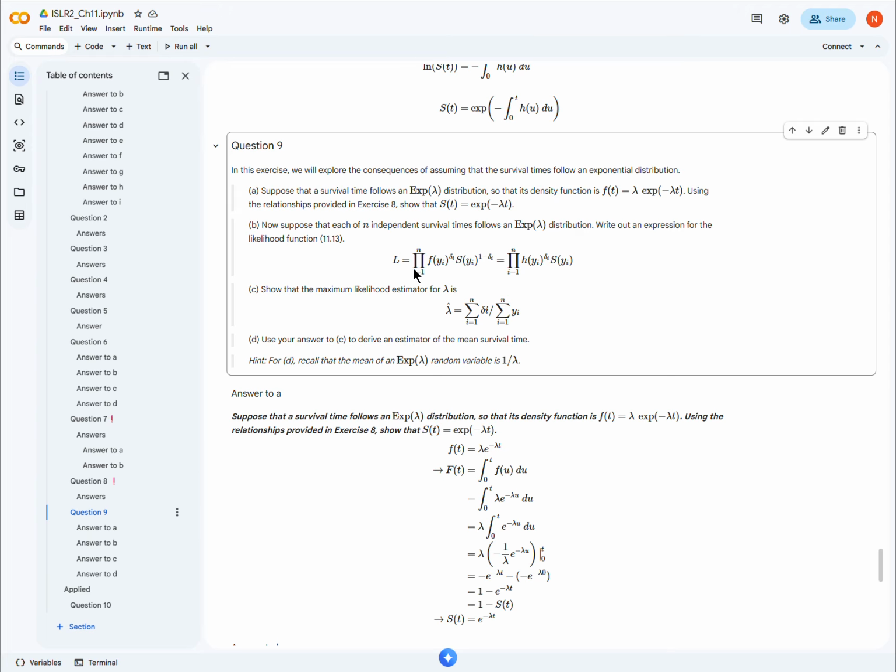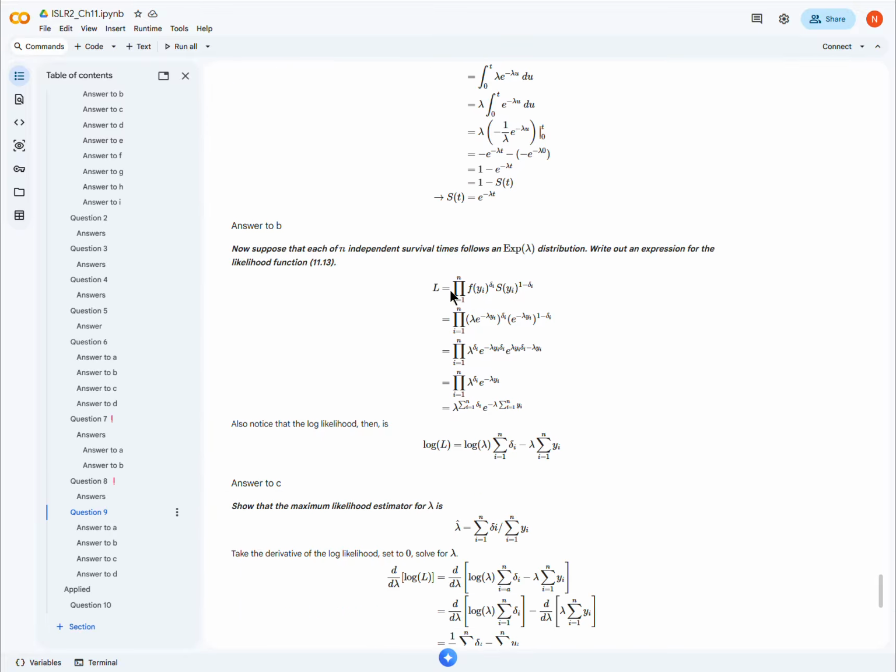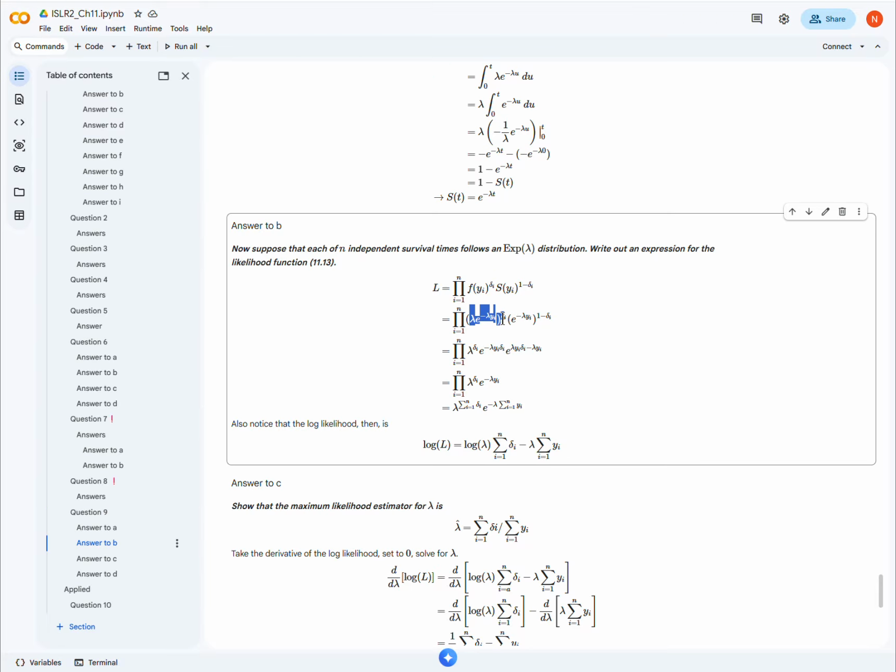We're taking the product over all n observations of the density function to the delta, times the survival function to the 1 minus delta. So it's kind of like a binomial. They either survive or they don't, at any given time. So we just start working with that, and we expand these two terms here.